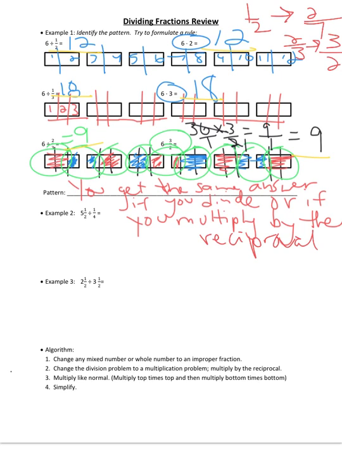Now we already know that when we multiply, divide, even add or subtract with mixed numbers, we should make them improper. So I'm going to go ahead and do that. 5 times 2 is 10, plus 1 is 11. So this would be 11/2. And instead of divide, I'm going to say times, and I'm going to make its reciprocal.